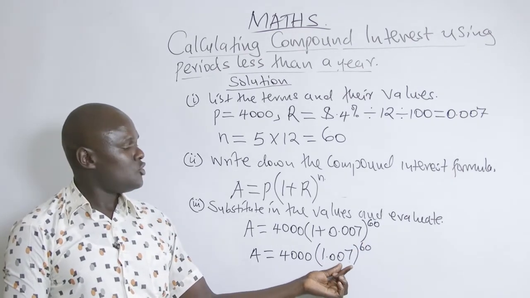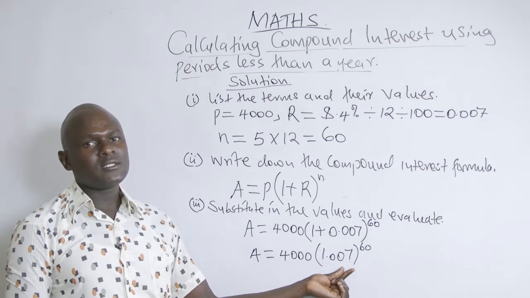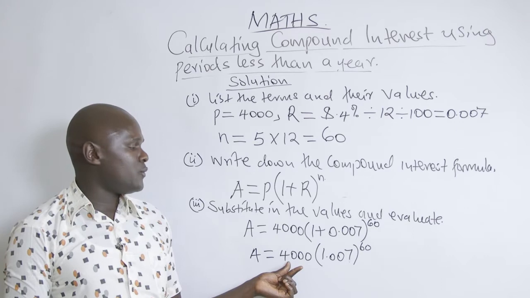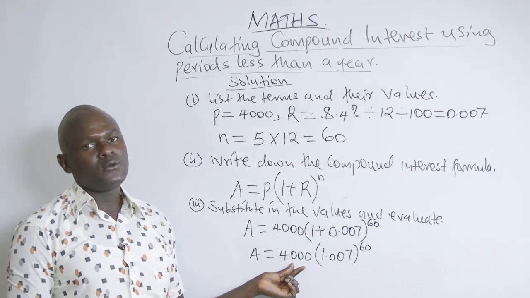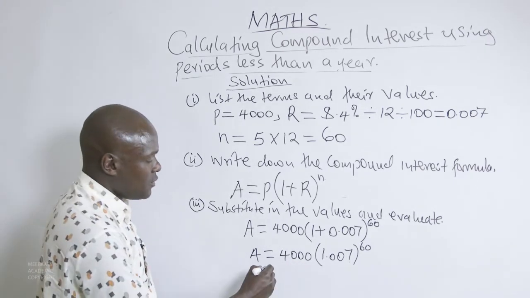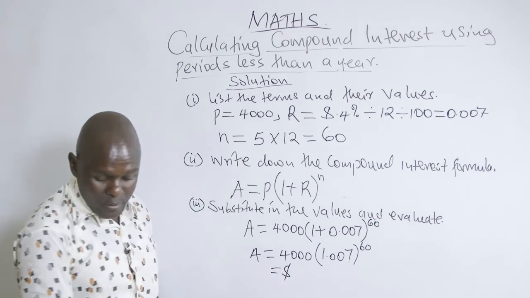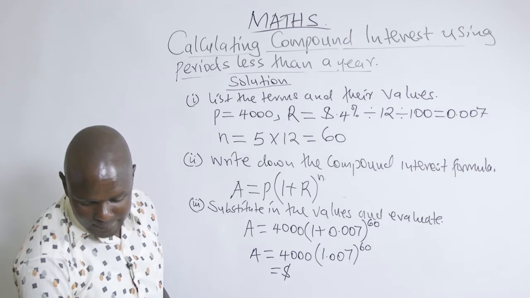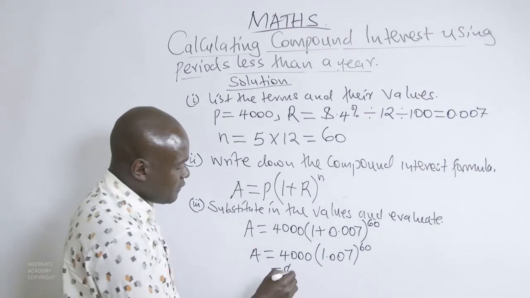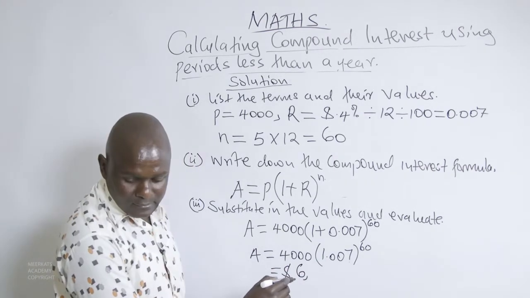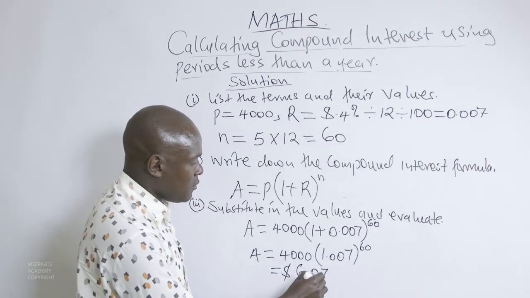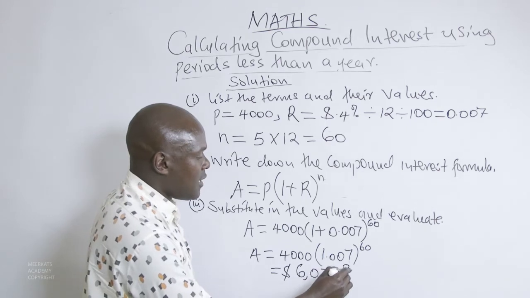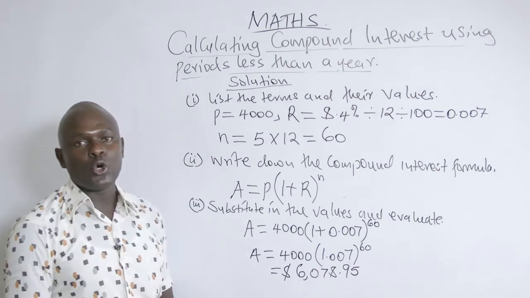Having done that, you press equals, then you multiply the result by 4,000. And this will give us $6,078.95.